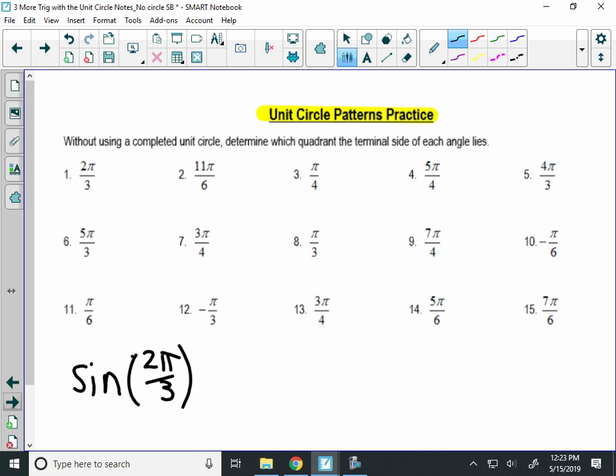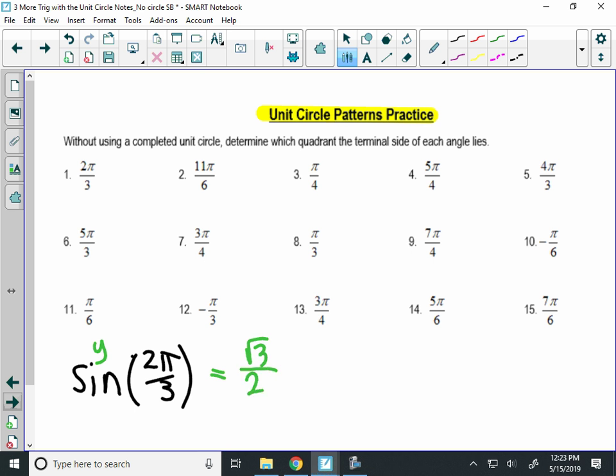So what I was doing once I got the hang of this, because remember I had to teach this to myself a couple weeks ago, is I thought, okay, what quadrant is sine of 2 pi over 3 in? Well, 2 pi over 3 is in quadrant 2, and I need the y coordinate. So I got my left hand out, and I looked at my trick. Okay, pi over 3, that's the top one. So I went down, and I said, I need the y, so that's the bottom, radical 3 over 2, because y is positive in that quadrant.